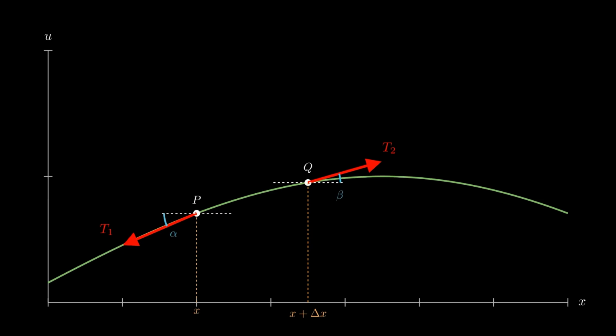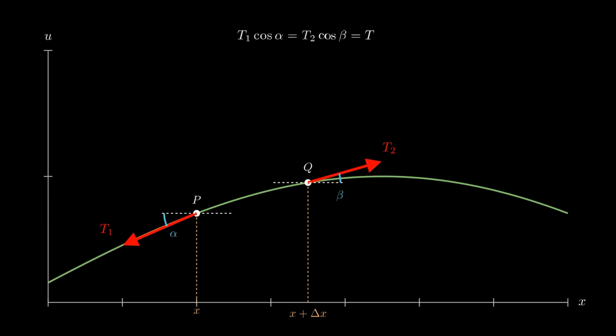Notice in this case that the strings are pulling at an angle from the horizontal. We have to see the angles alpha and beta. And if we do the summation of forces in the x direction, we're going to get something like T1 cosine alpha equals T2 cosine beta. And because there's really no motion in this direction, we can say that this is a constant, just T.